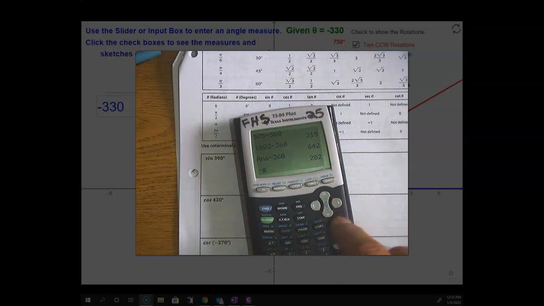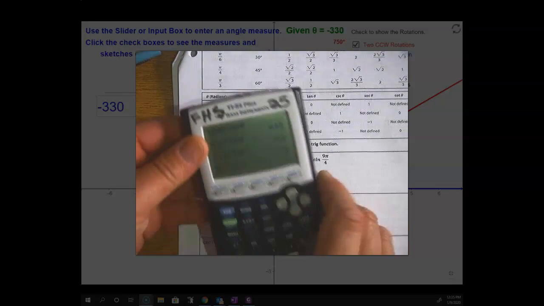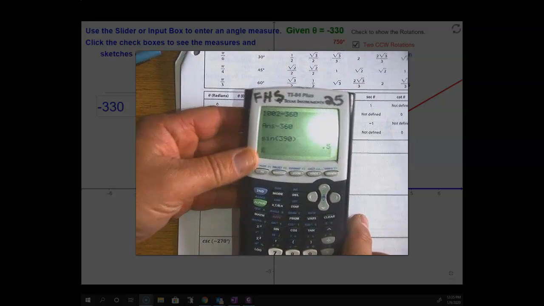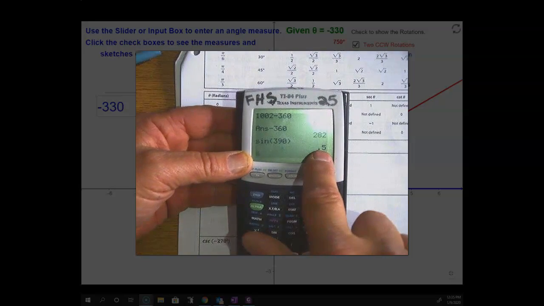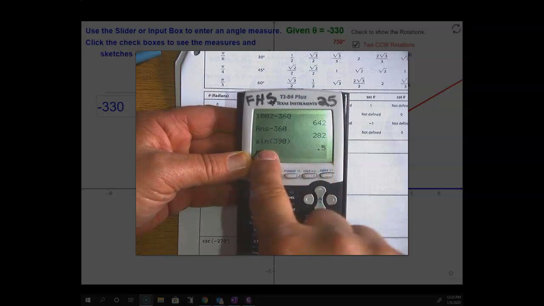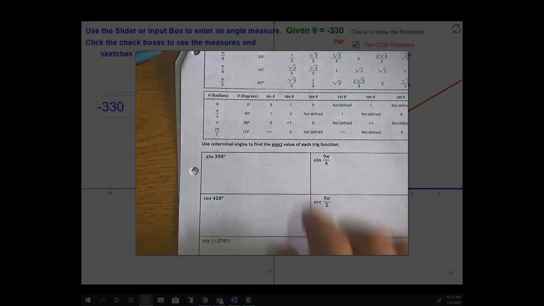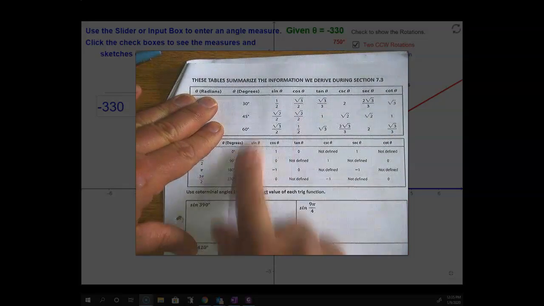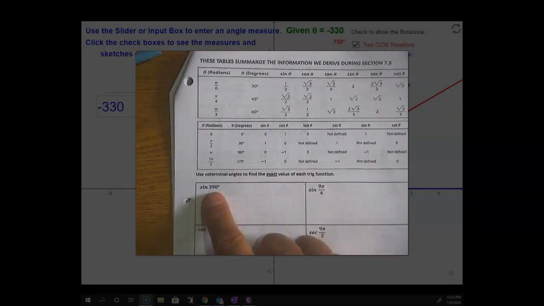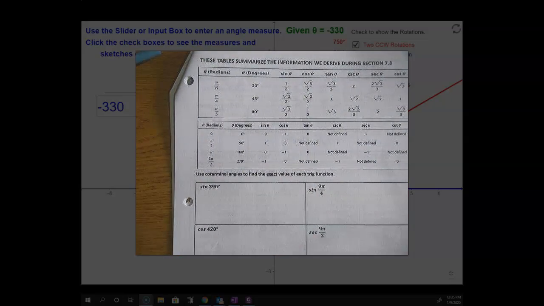When it says exact value, you're not going to type sine 390 on your calculator. We know our answer is going to be 1/2, but normally you'd get this big long decimal. That's not the exact value. These are exact values. So we have to take that 390 and turn it into one of these angles here.